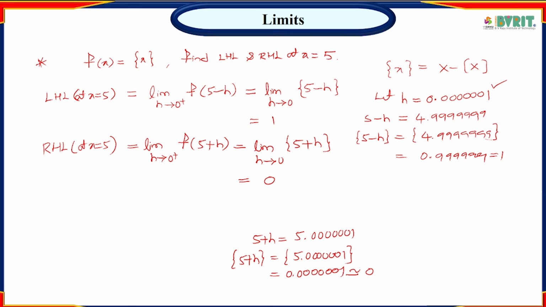Now observe here the left hand limit value is 1, the right hand limit value is 0. Therefore, the left hand limit is not equal to the right hand limit. Therefore, the limit does not exist at x is equal to 5.